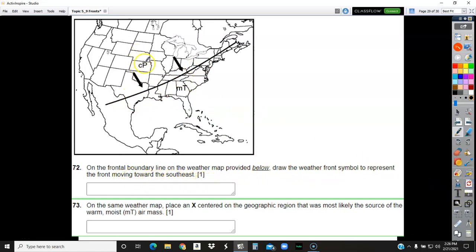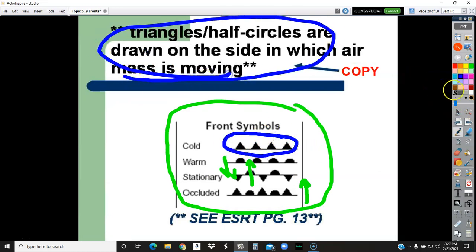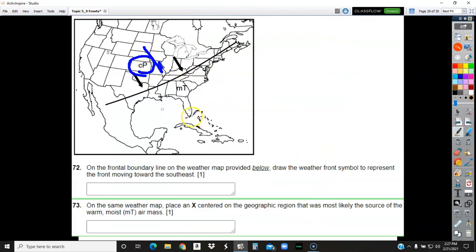So they're saying, all right, they gave me arrows to show, hey, this is cold air pushing toward Florida. If it's CP, cold air, it's got to be a cold front. Remember, cold air is moving. That means it's a cold front. So the students had to go to their reference table and say, oh, cold front is triangles. And it's drawn on the side in which it's moving. So in this case, it's heading toward Florida.